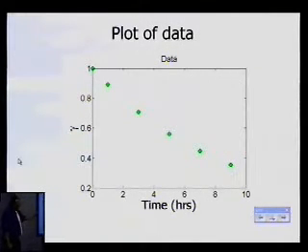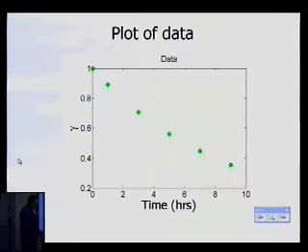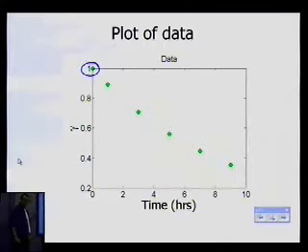So this is the data which was given to us in the previous slide. The relative intensity, gamma, is shown as data points as a function of time. You have 1 right here, because the intensity is measured with respect to the intensity at time t equal to 0.